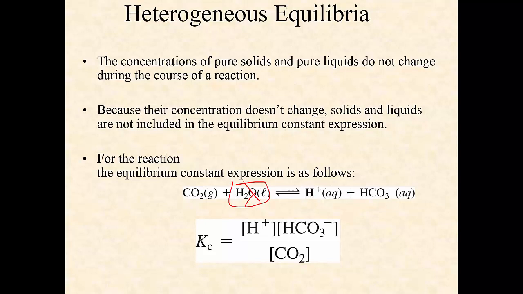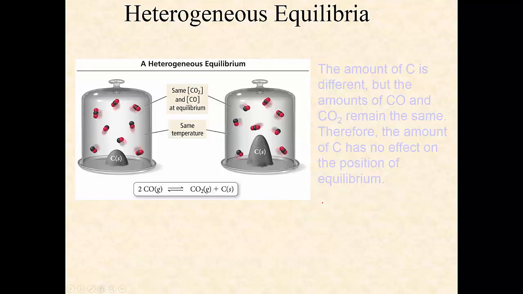So even though there are 4 things in this equation, and this is very common when we start doing acids and bases, where we have water in our equation, we don't use it in our expression. You're going to have products over reactants. Do not put in solids or liquids. The amounts don't matter. We're looking at the gases when we talk about Kp or Kc.